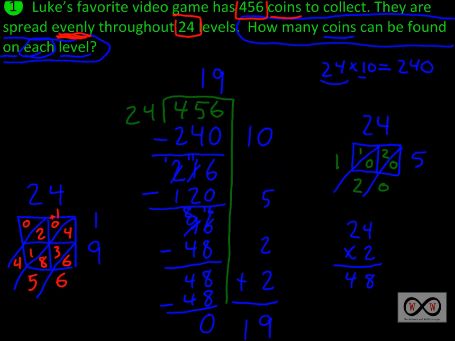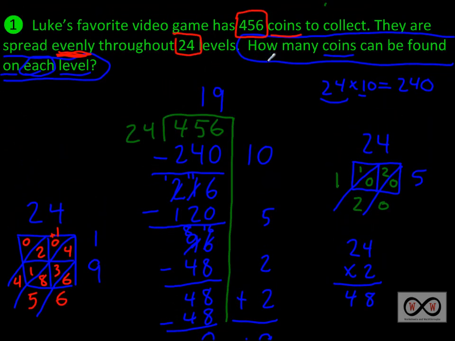So now we can answer our question. And think about, does this make sense? How many coins can be found on each level? If you look at that, there's our quotient. 19 coins could be found on each level.